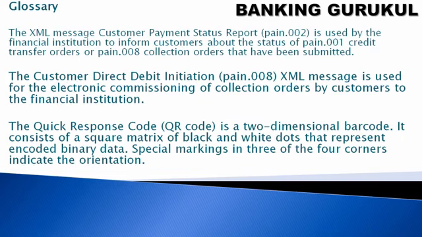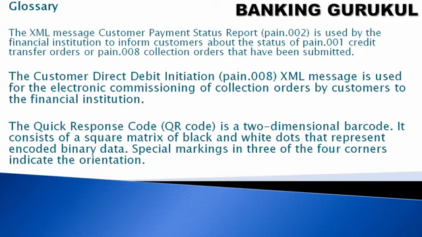The XML message customer payment status, whether returned or rejected, is shown in PAIN 002, used by the financial institution to inform the customer about the status of a PAIN 001 credit transfer order or PAIN 008 collection order that has been submitted. The customer direct debit initiation PAIN 008 XML message is used for electronically commencing a collection order by customers to the financial institution.